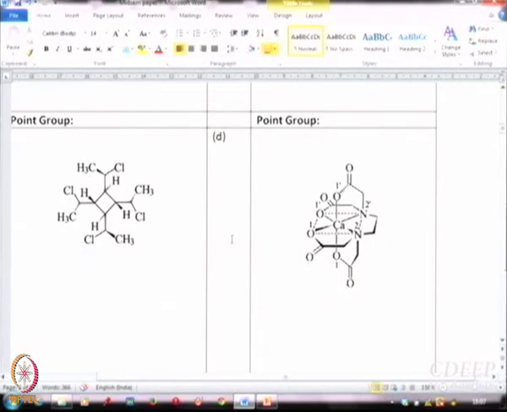Is that a plane of symmetry? No, right? Because this bridge is from this nitrogen, this bridge is from this nitrogen. It is not a sigma plane. So what have we found? We found a C2 axis. Is there an S4 axis? No. So it is C2. Okay. So complicated molecules, simple point groups.